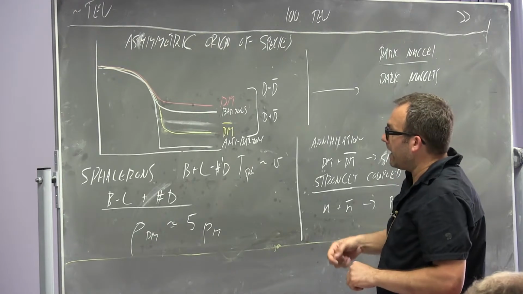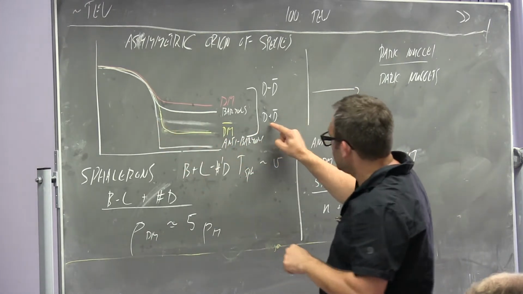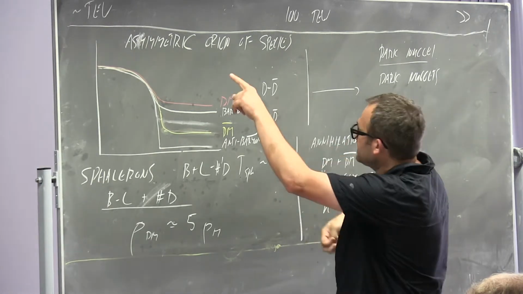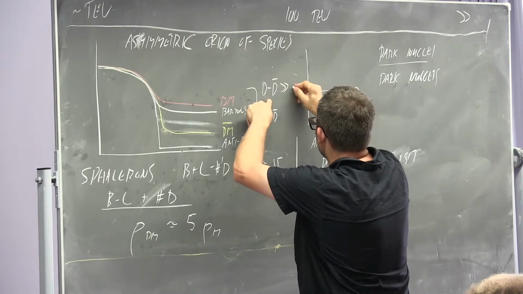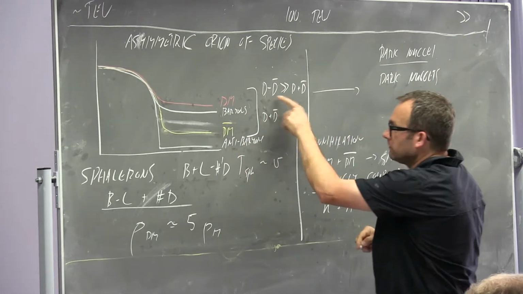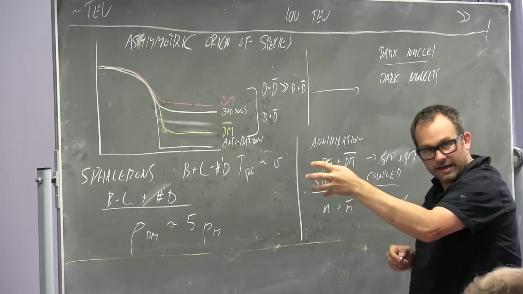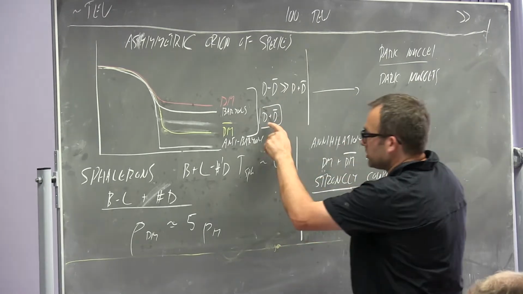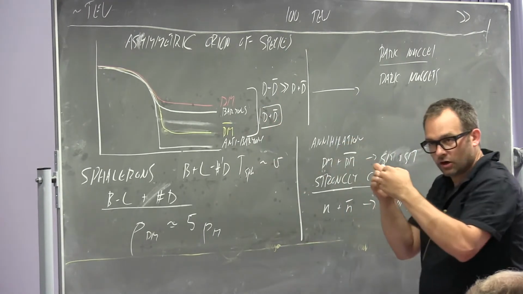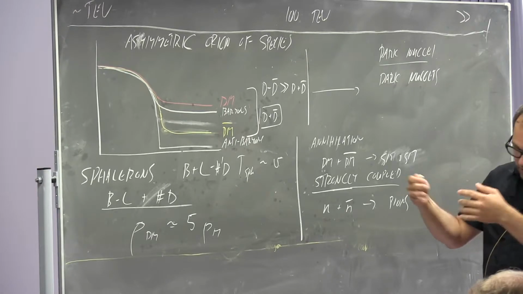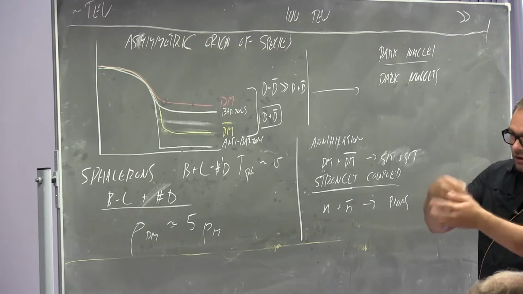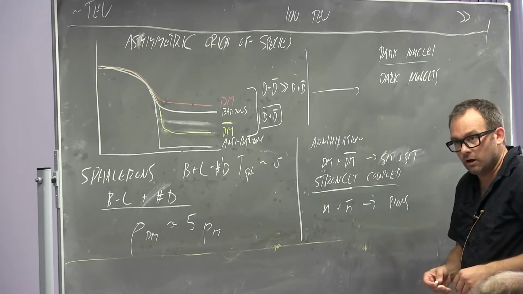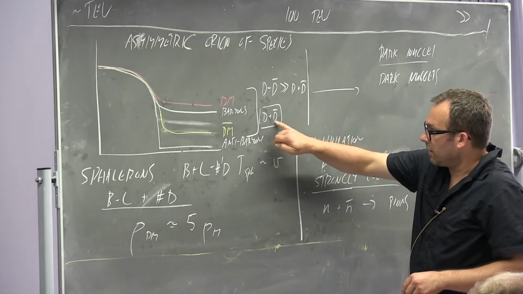In the case of freeze out, D plus D bar is the total abundance, and D minus D bar vanishes. In asymmetric, D minus D bar is supposed to be much, much larger than that, so that we actually have a net dark matter number. If that's true, then processes which have dark matter and anti-dark matter talk to each other have to be very efficient, or they have to have large interactions, probably strong interactions, to be able to suppress the symmetric abundance.